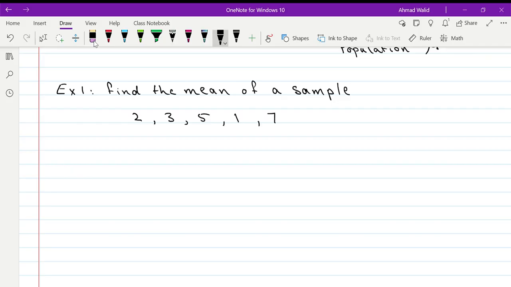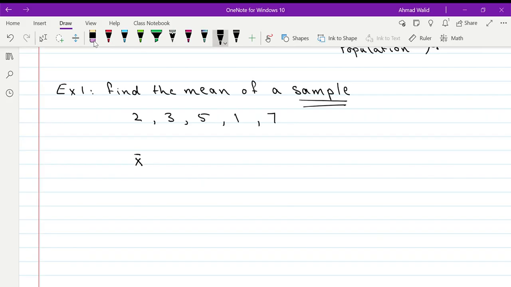Correct? They are asking you to find the mean of this data set, but they use the word sample. Immediately, by reading this, I know I will use my x bar formula.